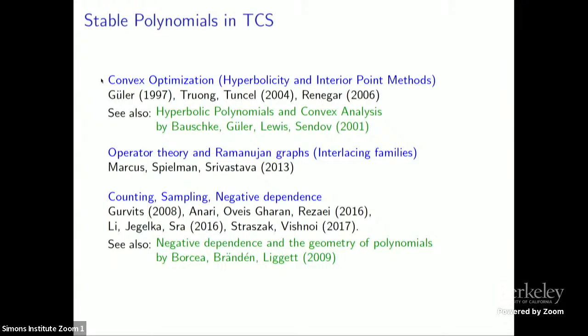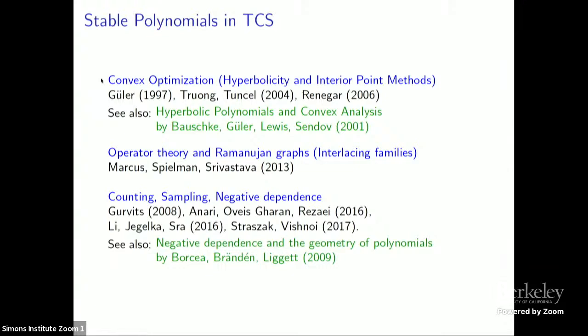And then one of the other things that was developing around the same time was applications in understanding discrete probability distributions: counting and sampling from discrete distributions, and this notion of negative dependence.